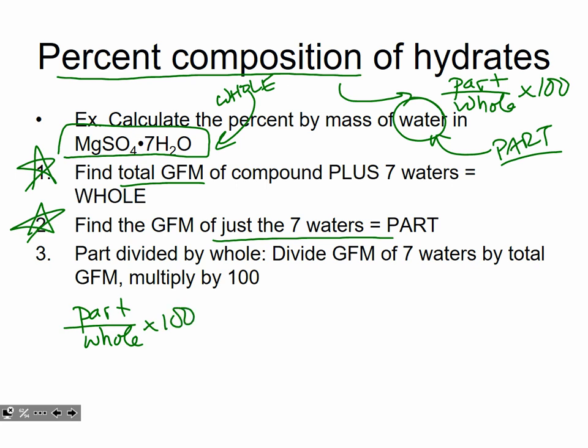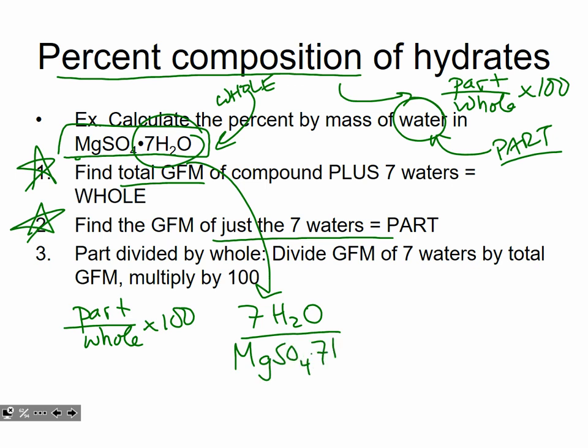If we're looking for the percent of water, in this particular problem, that means the 7 waters, that is our part. The whole thing is the magnesium sulfate heptahydrate, the whole compound, times 100. That's going to give us our percent water, right? Our part over our whole times 100.